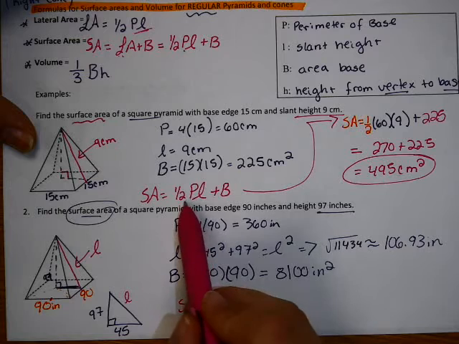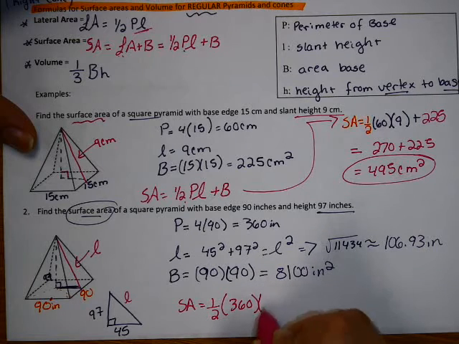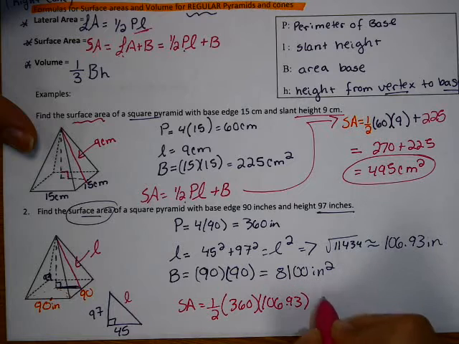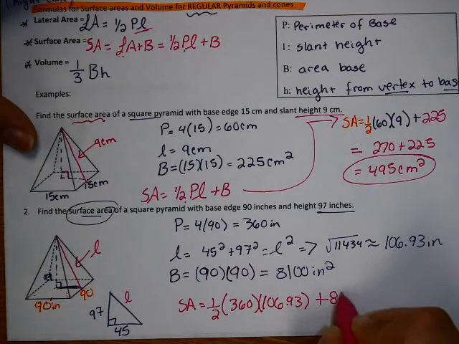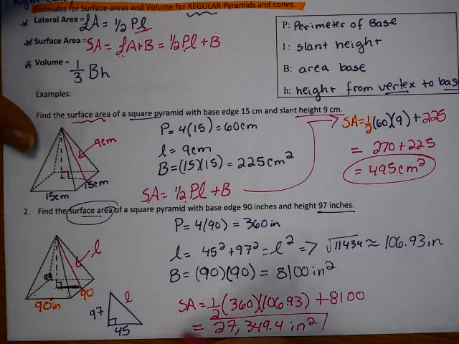We know our equation from up here, so 1/2 the perimeter, 360, times the slant height, 106.93, plus 8,100. And I end up with 27,349.4 inches squared as my final answer.